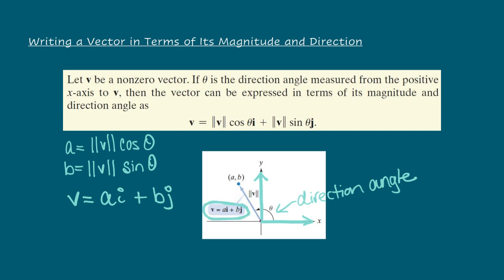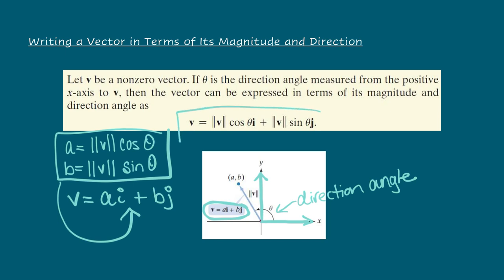If I take this relationship and insert it into this relationship, I end up with a relationship that allows me to express my vector in terms of its magnitude and my direction angle, so that I can solve all sorts of application problems, such as those involving resultant force or velocity directions, things like that.